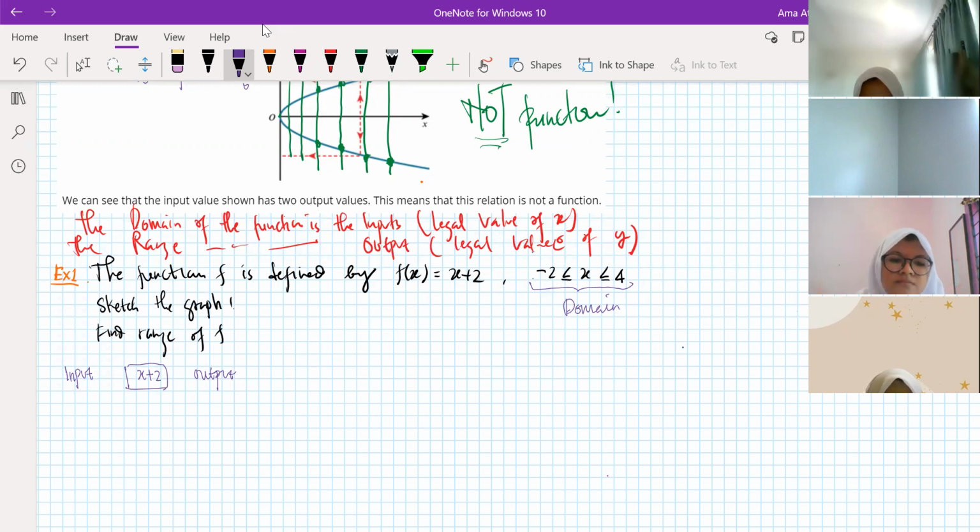So the input or the domain is from -2. I will write -2, -1, 0, 1, 2, 3, 4. And the outputs. If I input -2, what will be the output? Come on, ladies, quickly, please. What is it?